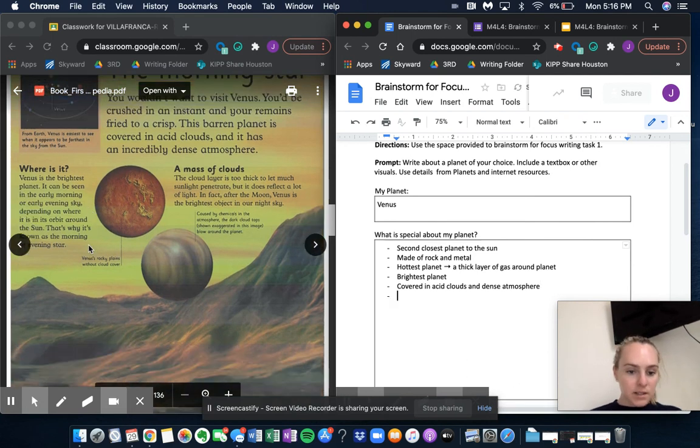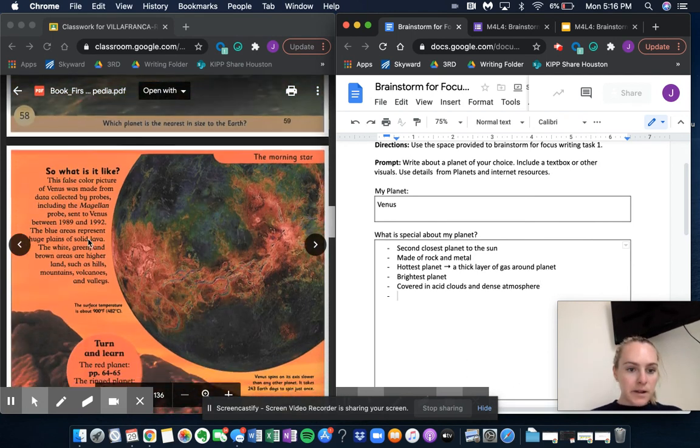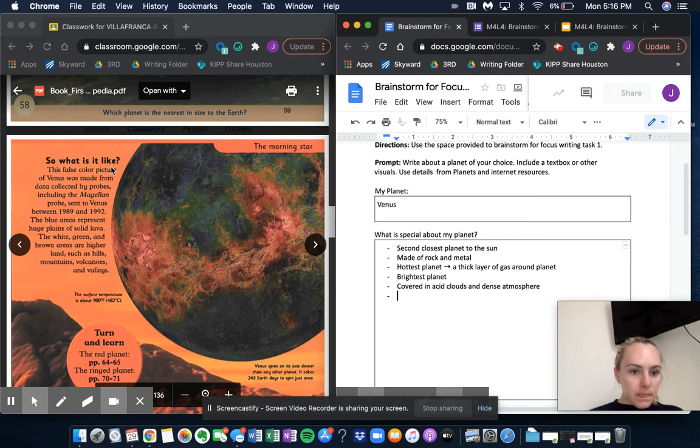Okay, let's see if there's any other ones. So what is it like? This false color picture of Venus was made from data collected by probes. The blue areas represent huge plains of solid lava. The white and green and brown areas are higher lands such as hills, mountains, volcanoes, and valleys. So that's interesting.